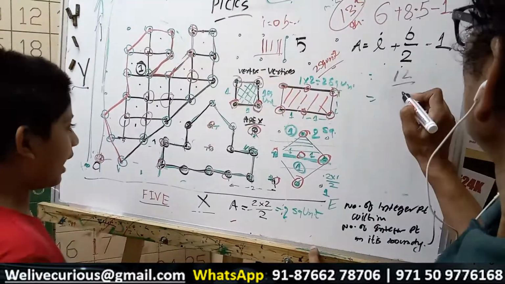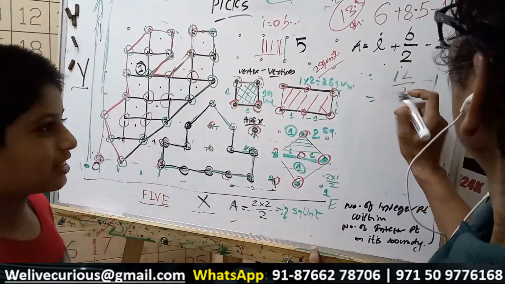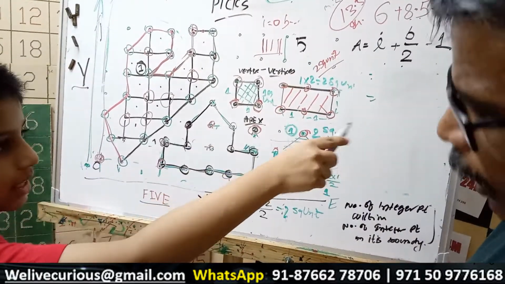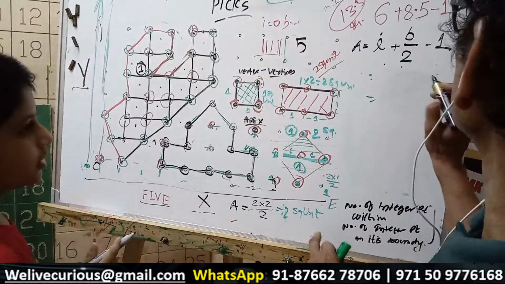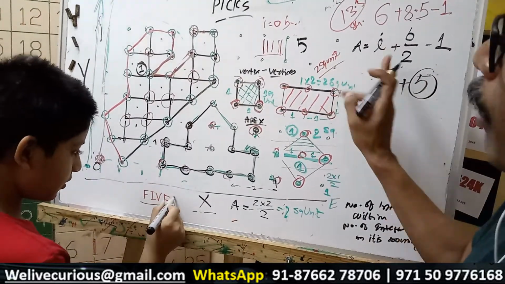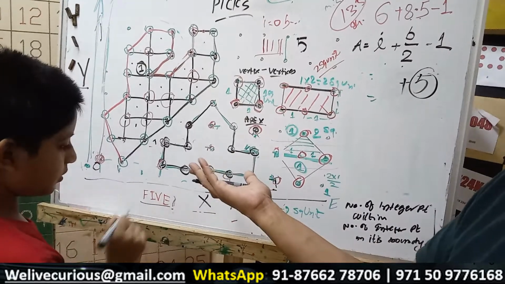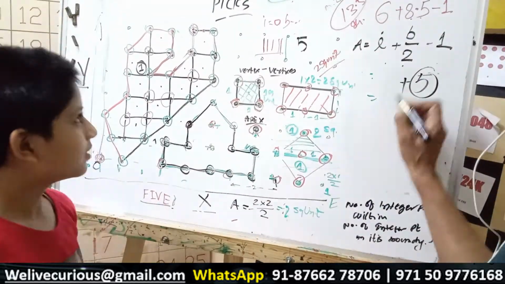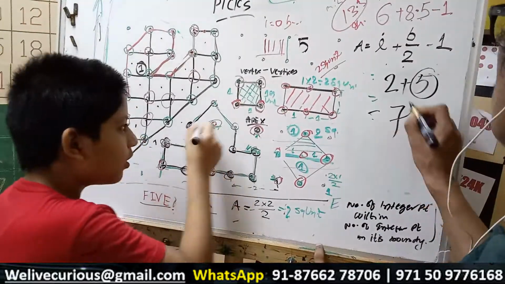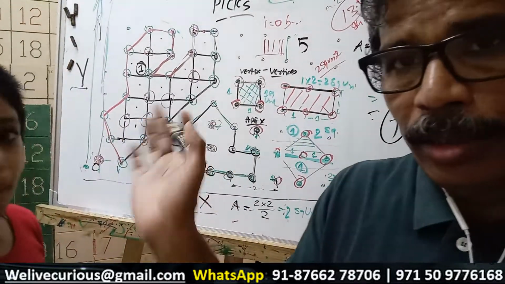Half of 12 is 6. 6 minus 1 is 5. Now you have to add internal points to it. Simply, that's all you have to do. How many internal points here? 2. 7 square units. Done.